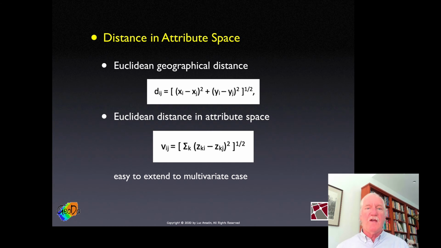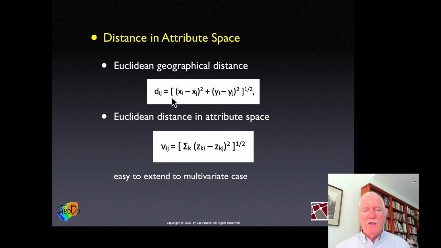But on the vertical axis we don't have a covariance, but we have a distance in attribute space. And this distance in attribute space, I'll revisit in the last module when I talk about multivariate spatial autocorrelation. This is a fairly straightforward way to move from one to higher dimensions.